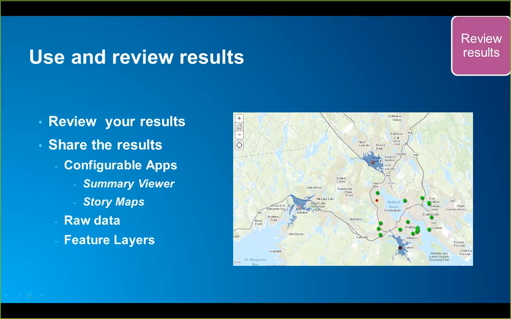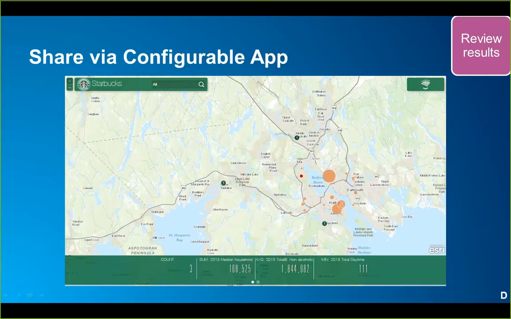Ultimately, at this point, you need to decide what your next steps are, whether you share your results or not. There are options available to you, like sharing the features through a series of different web maps via story maps, exporting the raw data, or creating a web mapping application. As discussed in the previous slide, we can do this in a couple of different ways.